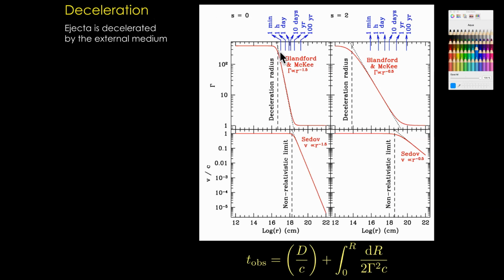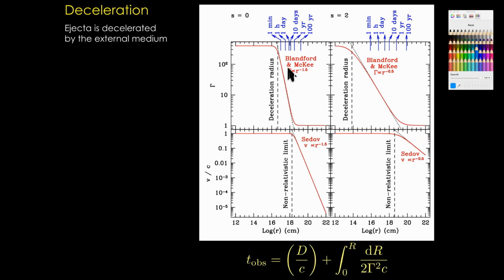And the difference between the left and the right in this plot is the nature of the external medium. Here I have plotted the solution for a uniform medium, and here for a stellar wind. And in blue, I have given some estimate of the observer time for photons emitted by the forward shock at this radius.